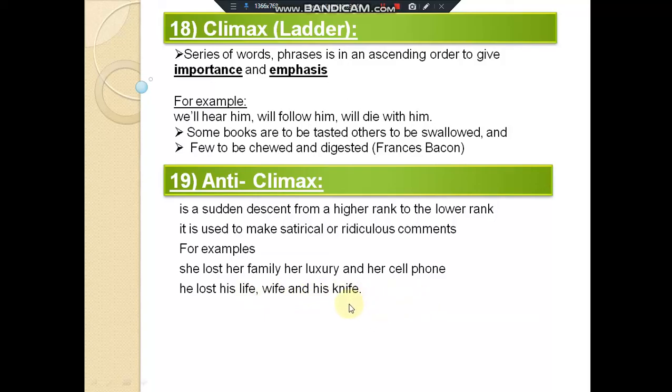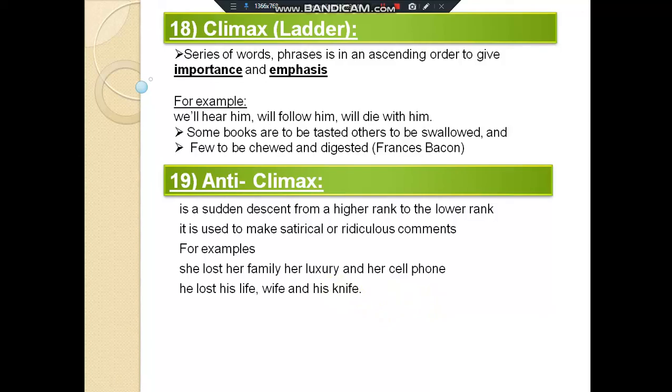You can observe the use of knife here. The purpose of using knife here is to ridicule, to make fun of the person, to laugh at the person satirically, that he lost everything in his life. Even a knife is not left, even life doesn't have much significance in your life. That this small thing is also lost.